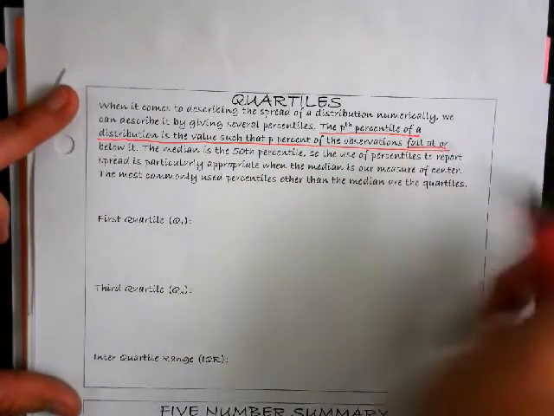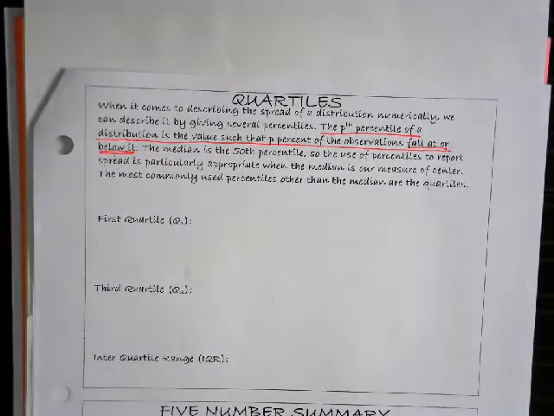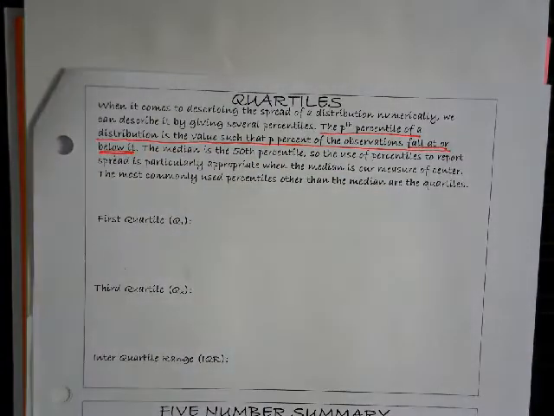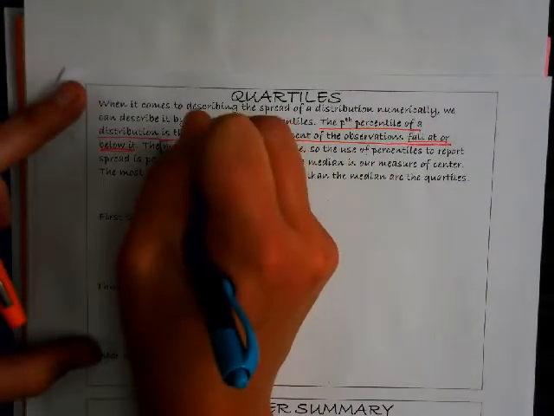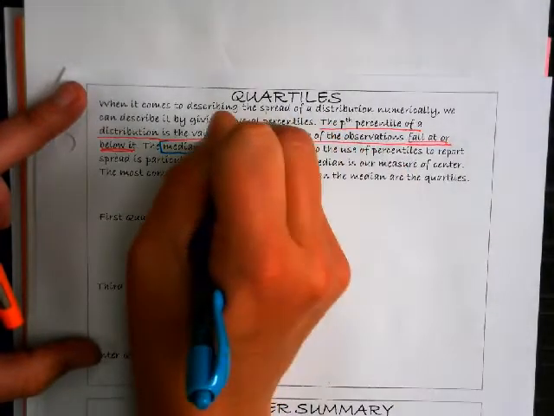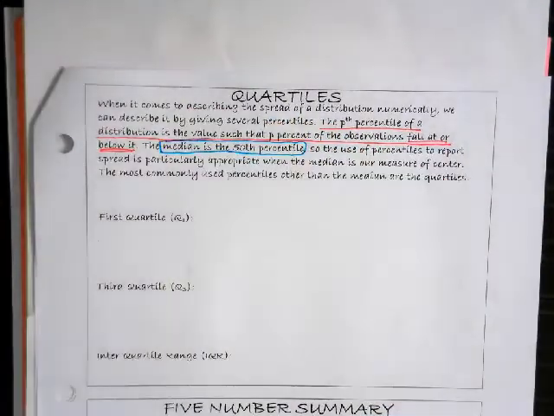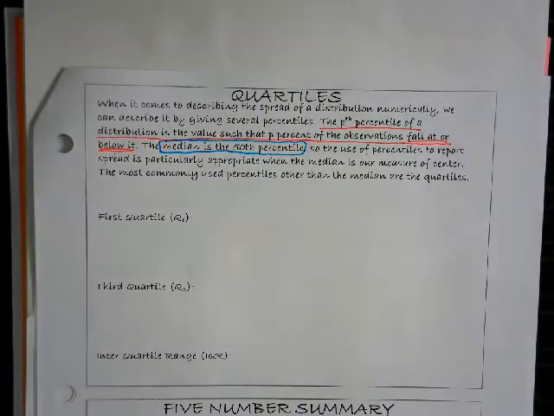Median is the 50th percentile. We don't often call it that, but I'll be honest, in the textbook, and I've seen on old AP exams, they'll ask you for the 50th percentile instead of the median. To me, it's a trick question, but it is appropriate to use the two interchangeably.